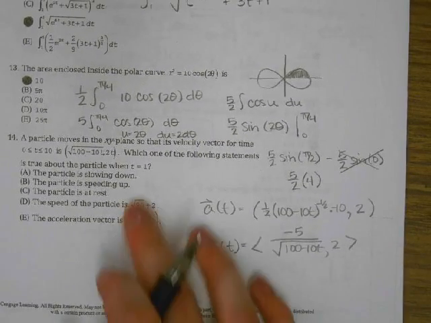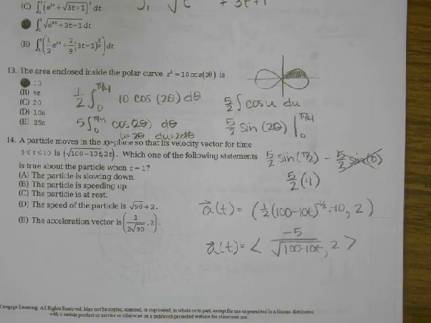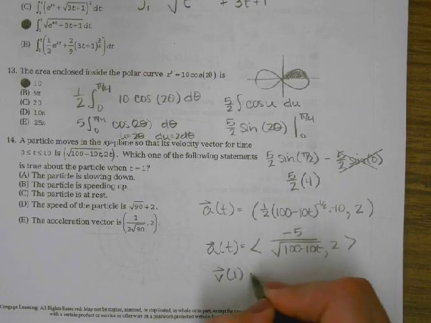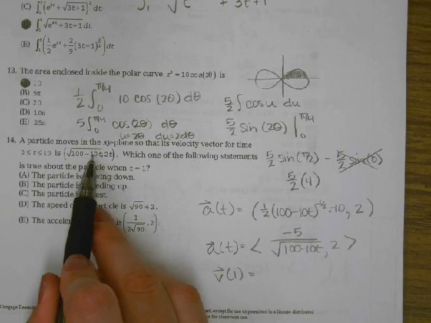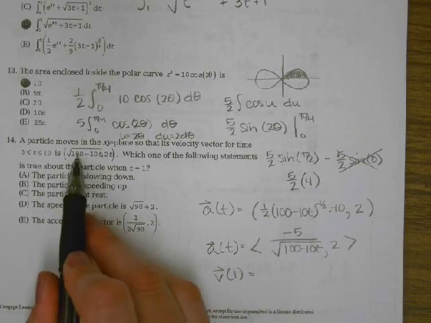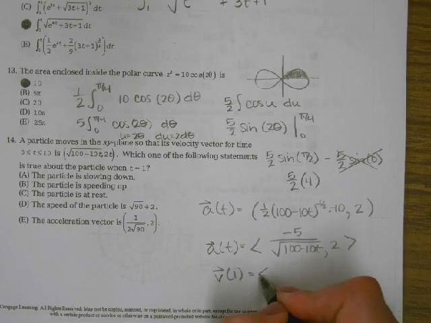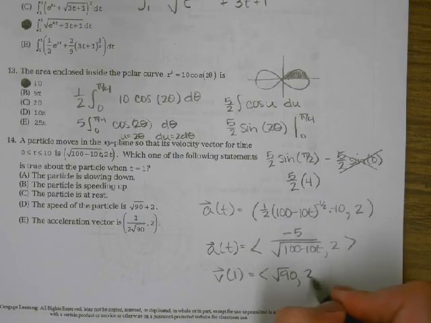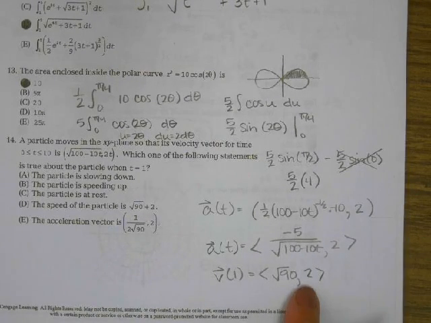There's a couple of answers we can get rid of if we just evaluate these at 1. My velocity vector evaluated at 1: 10 times 1 is 10, so 100 minus 10 is the square root of 90, and then 2 times 1 is 2. Just because those are the numbers does not mean the speed of the particle is root 90 plus 2.